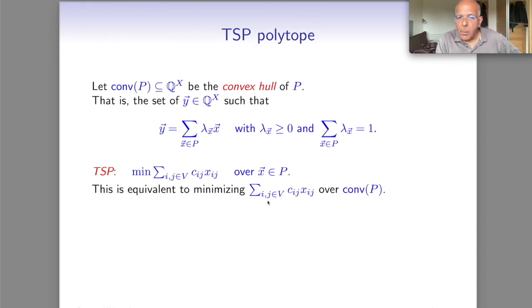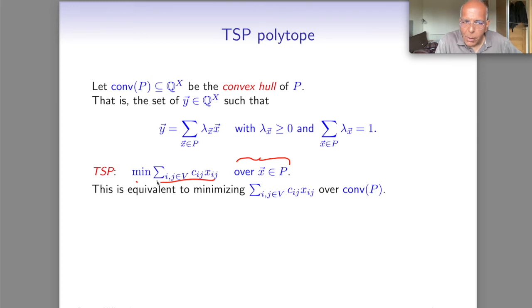To turn it into a linear program, I replace this condition of minimizing over vectors which are in P with minimizing over vectors which are in the convex hull of P. And now this is clearly a linear program. I have an objective function I'm minimizing. When I defined linear programs, I said we have an objective function we maximize. This is easily turned into that by just negating the function.